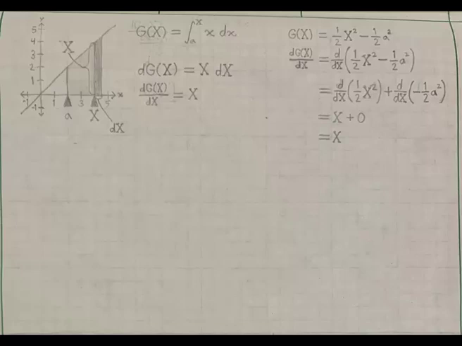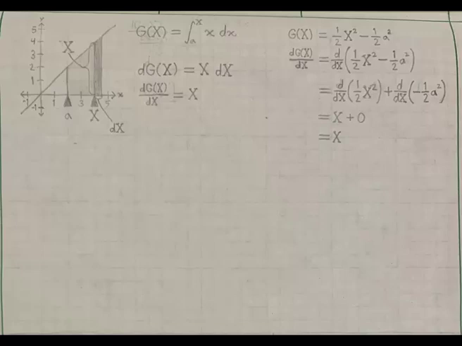In this case, the sliver is a trapezoid. If d big X is tiny, then we can pretty much consider this sliver to be a rectangle. So its area is big X times d big X. To obtain the derivative, divide both sides by d big X.